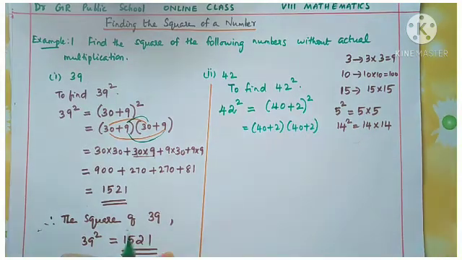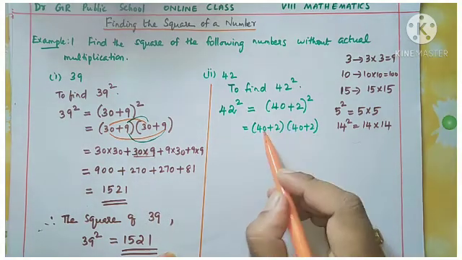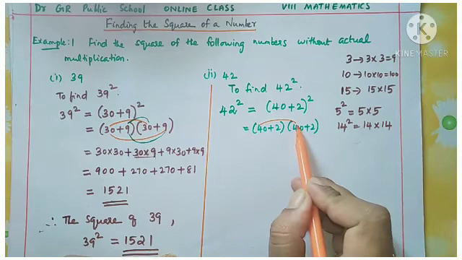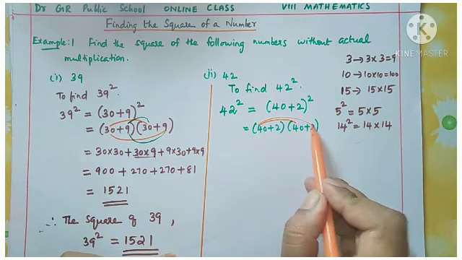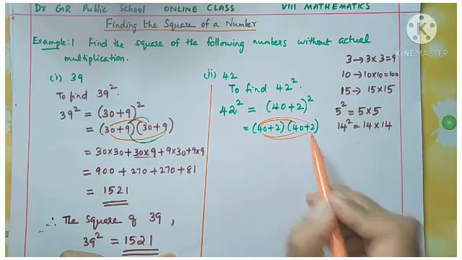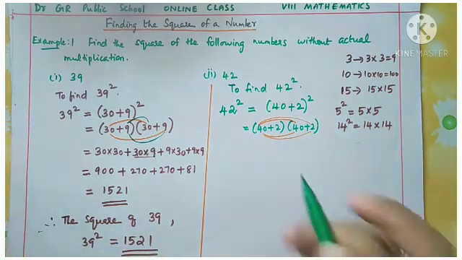Now how to multiply? First number into 40 into 40, then 40 into 2. Similarly 40 into 40, 40 into 2. So how are you getting the answer?